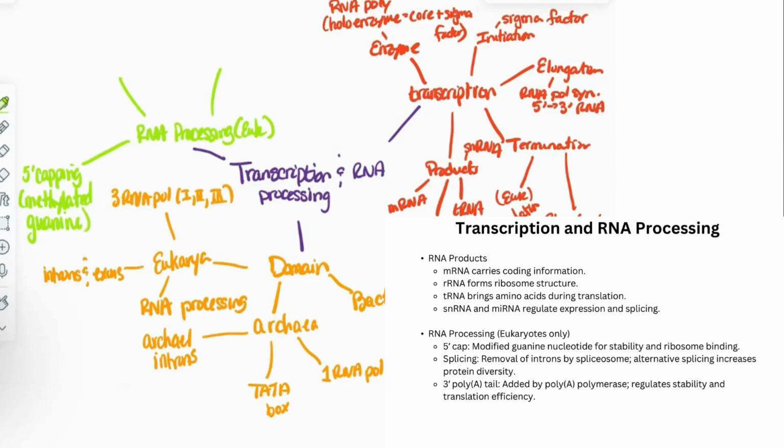Our next one is 3' poly-A tail. And then our last branch is the removal of introns, so intron removal, and then exons join. This is splicing, joining via spliceosome.